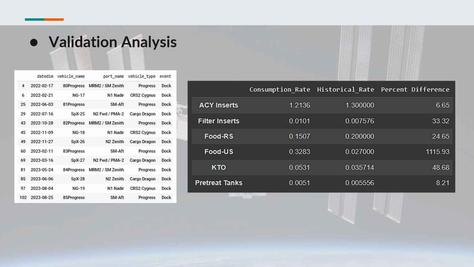One outlier we found, because most were within a reasonable percent difference, was food US. It was 1,000% different, so I believe it may be a result of potentially different unit conversions.